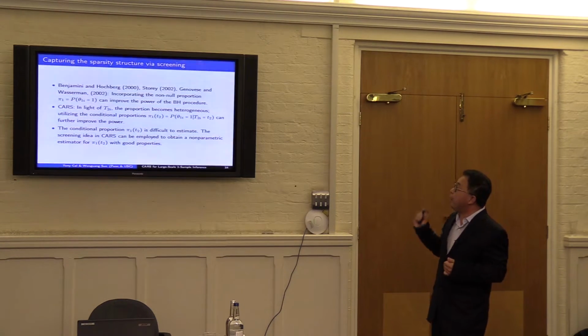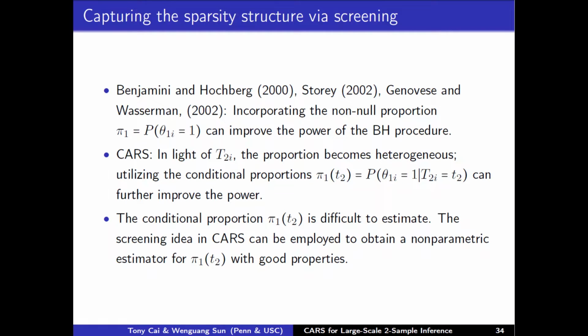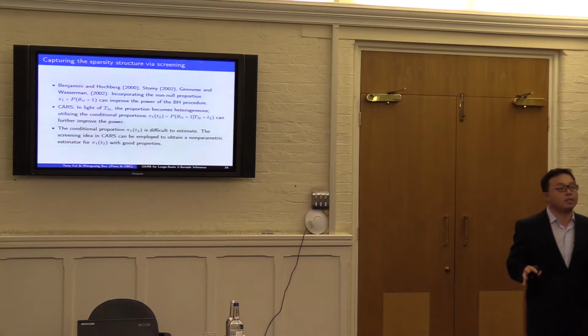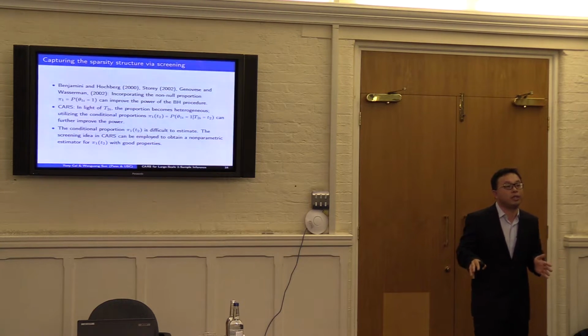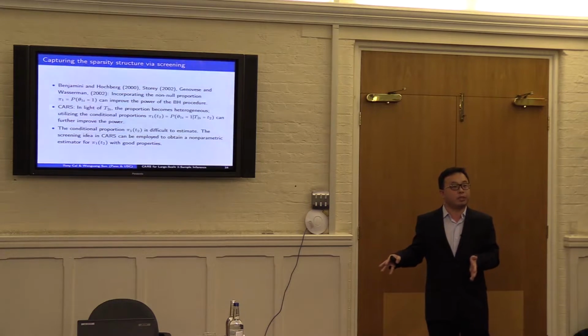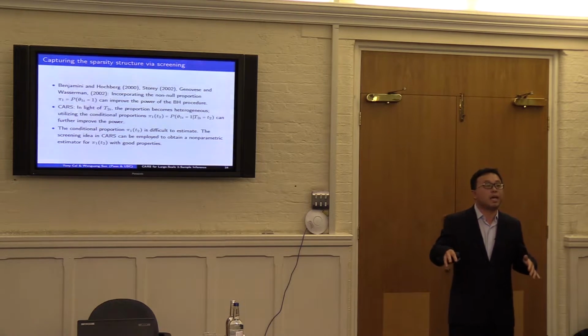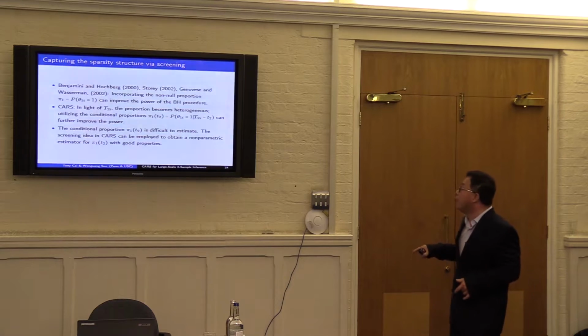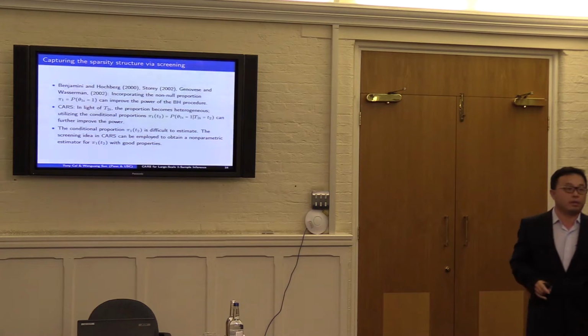And then there have been a lot of works in the literature, all very influential. They show that if you can estimate this non-null proportion and incorporate such information in the original BH procedure, for example, instead of testing the hypothesis at level alpha, you can test it at FDR level of alpha over 1 minus pi, then you can improve the power.